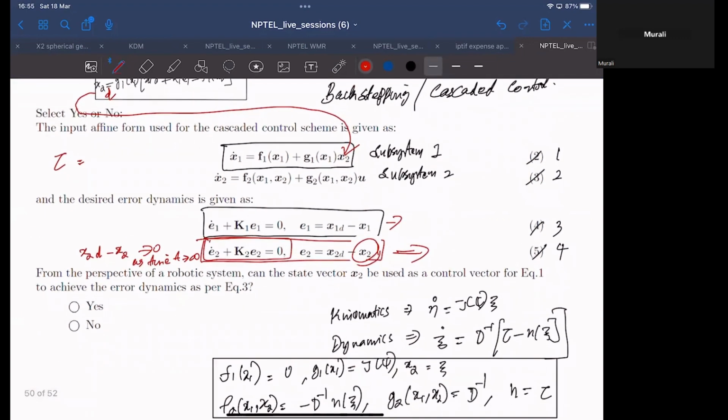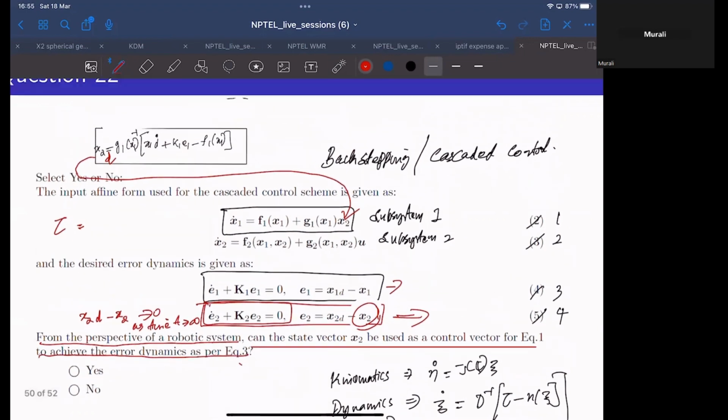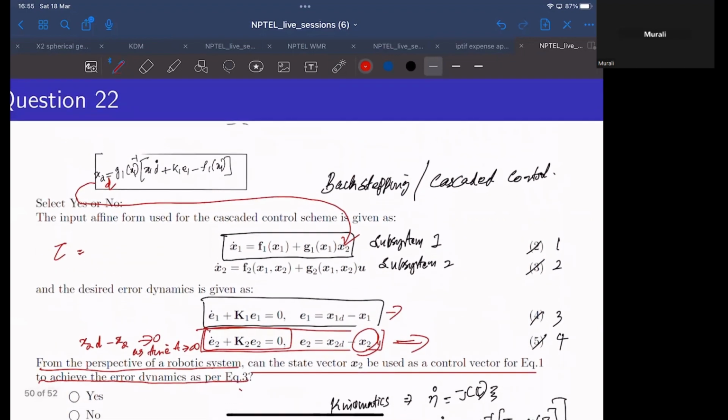So again, revisiting the question, it says: from the perspective of a robotic system, can the state vector x2 be used as a control vector for equation 1 to achieve the error dynamics as per equation 3? Can we directly use this state vector back in subsystem 1 to achieve this error dynamics?